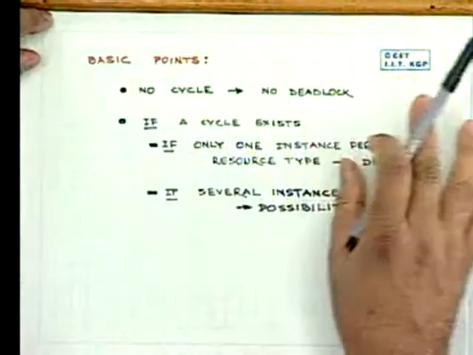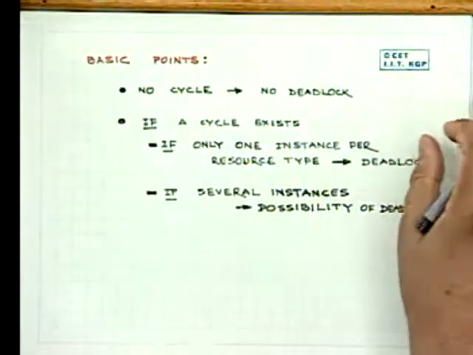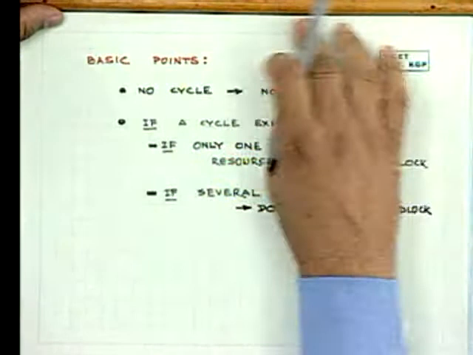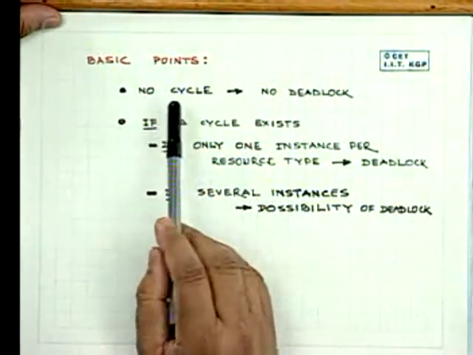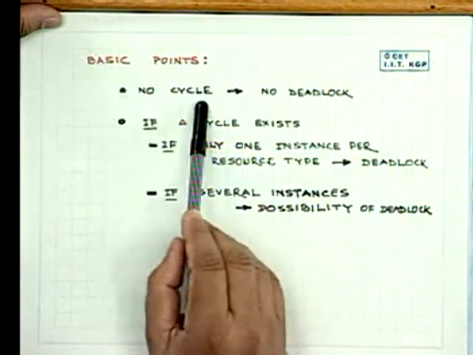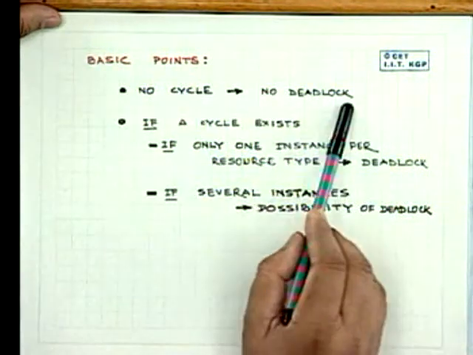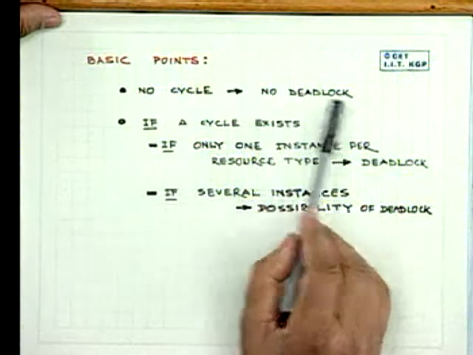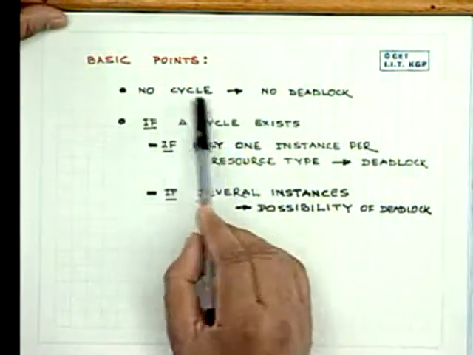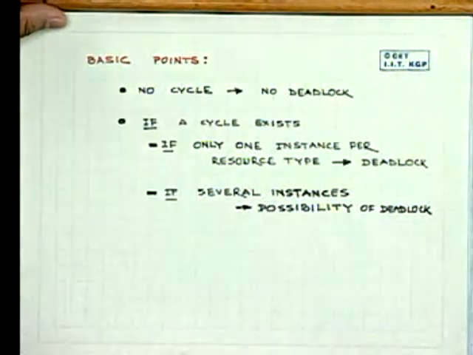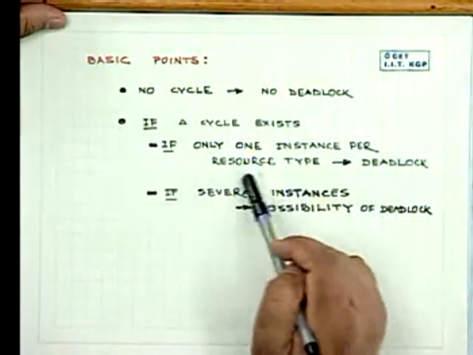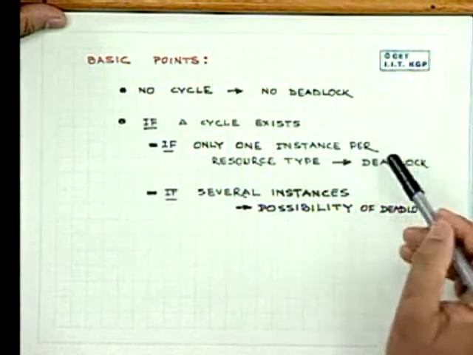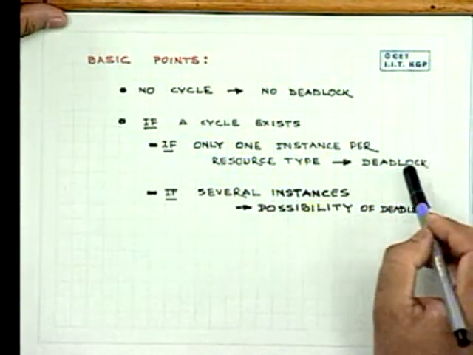Therefore let's see what our basic points are. If there is no cycle, that implies that there is no deadlock. No cycle, no deadlock. Now if a cycle exists and only one instance per resource type is there, then it implies that there is a deadlock.